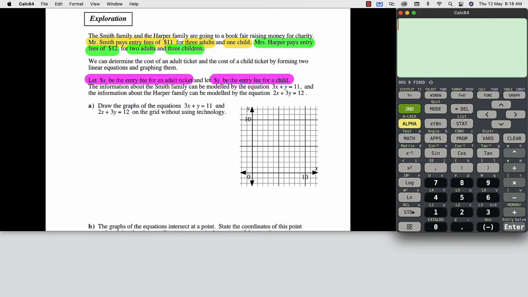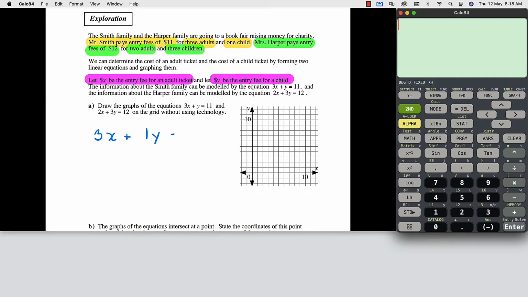Mr. Smith paid, remember, x is the adult, and how many adults did Mr. Smith have? 3. And x is the cost of the adult. So 3 adults times x, so 3 times the cost is what he would have paid for the adults, plus he had some kids. And what were the kids represented by? y. And how many kids did Mr. Smith have? He had 1.